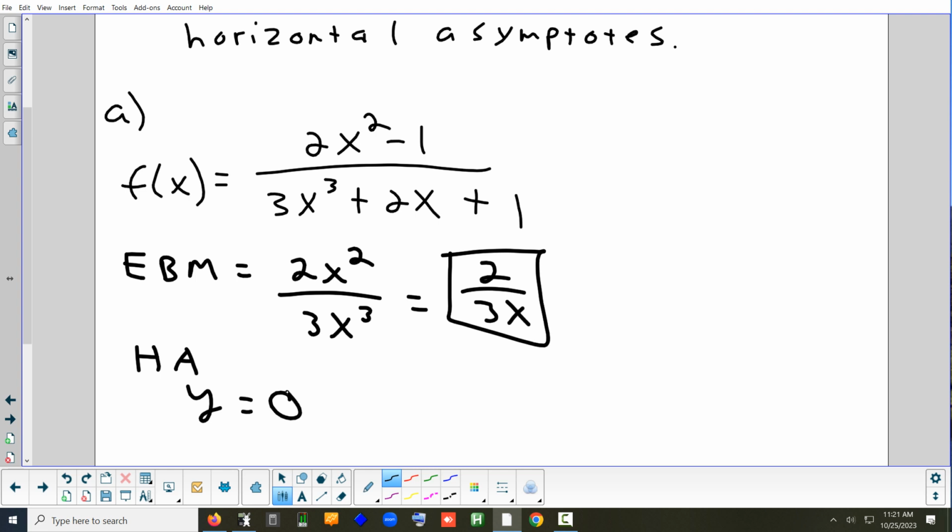So it's going to approach 0. Make sure when I ask you for a horizontal asymptote, that it is an equation. You have to write y equals, or if it was vertical, you'd write x equals. When you're writing an end behavior model, you don't have to write an equation. It's just an expression. End behavior models don't have equal signs. Asymptotes do. If you told me the horizontal asymptote was 0 here, I'd give you half credit on the test. You've got to put y equals.